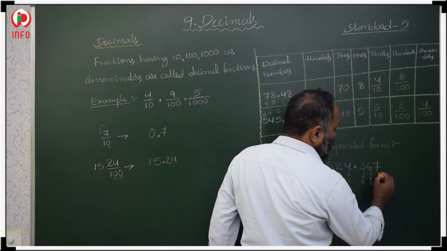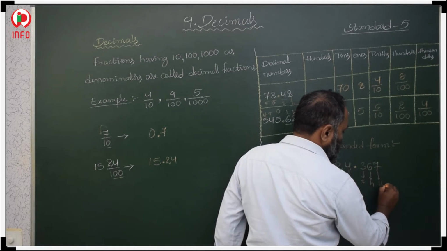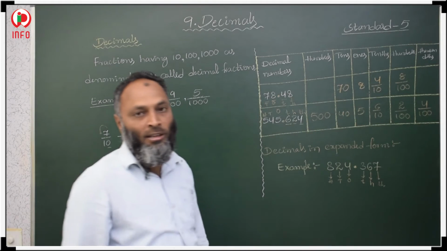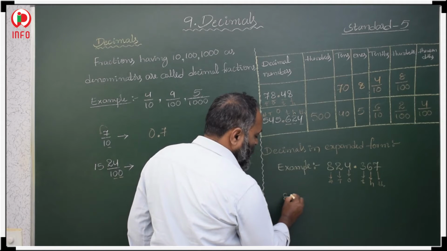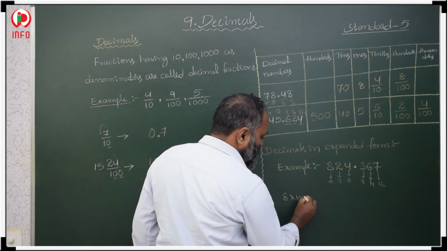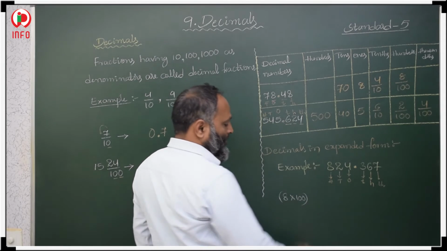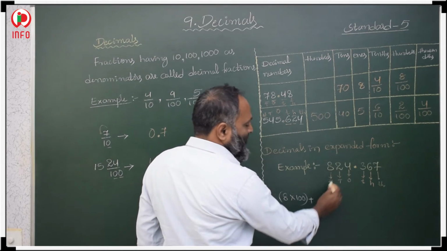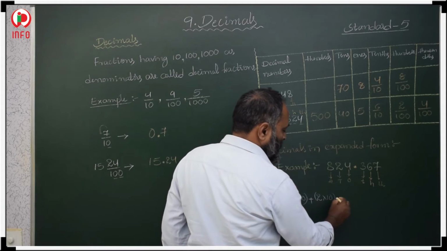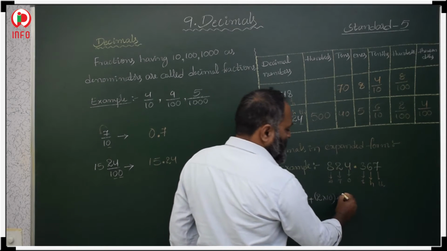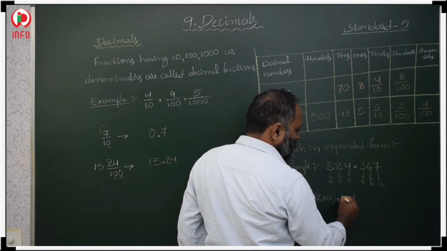Then 7 is in thousandths place, means small t, small h. Then now, what is expanded form? 8 is in hundreds place, 8 into 100, plus 2 is in tens place, 2 into 10, plus 4 is in ones place, 4 into 1.